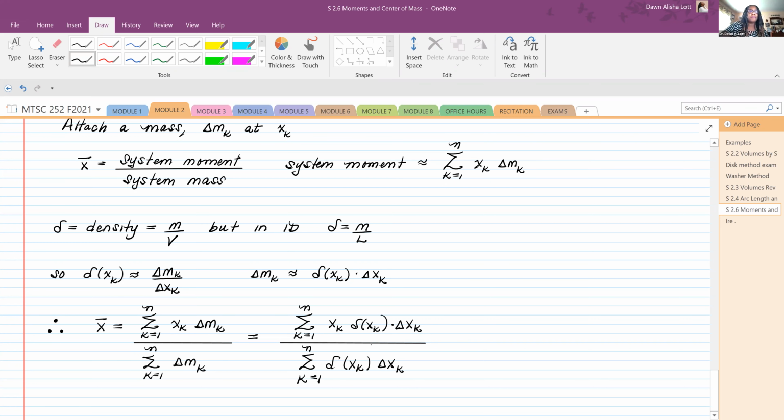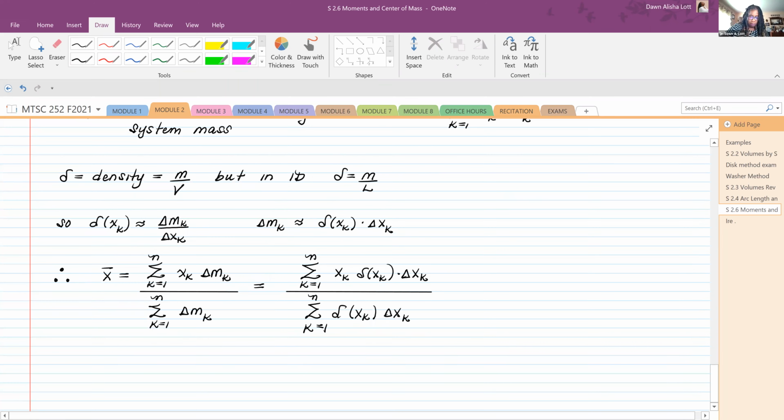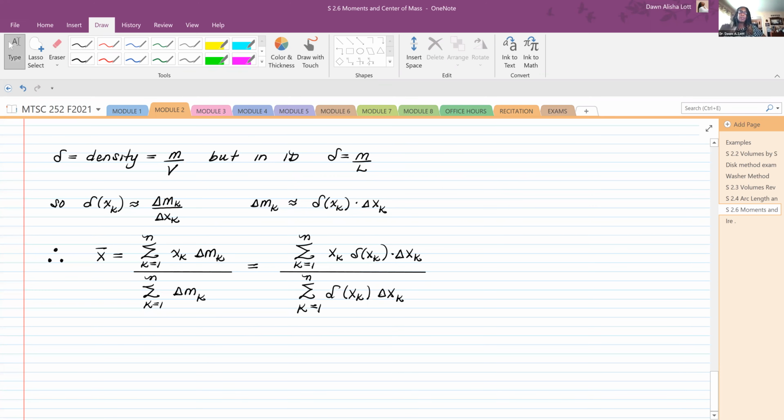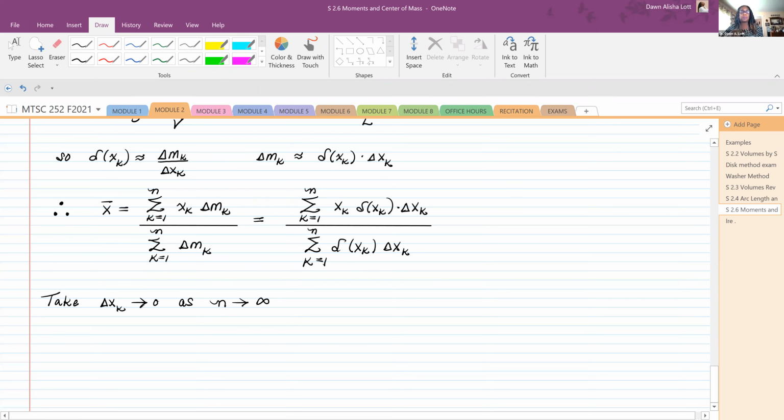All righty, here's where the calculus comes in. We're going to take this partition and let the length of the delta xk's go to 0 as n goes to infinity. And if you remember, when that happens, the sums become integrals.